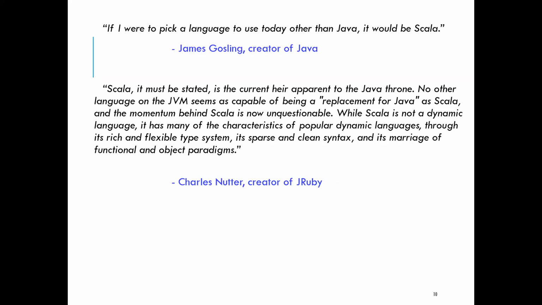No other language on the JVM seems as capable of being a replacement for Java as Scala, and the momentum behind Scala is now unquestionable. While Scala is not a dynamic language, it has many of the characteristics of popular dynamic languages, through its rich and flexible type system, its sparse and clean syntax, and its marriage of functional and object paradigms. I love this one, right? It's a marriage between functional and object paradigms.